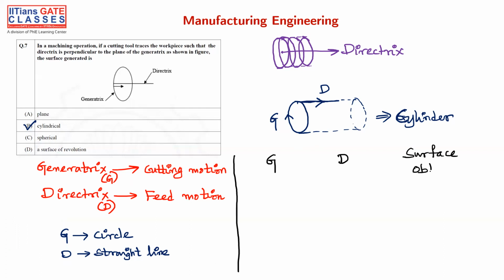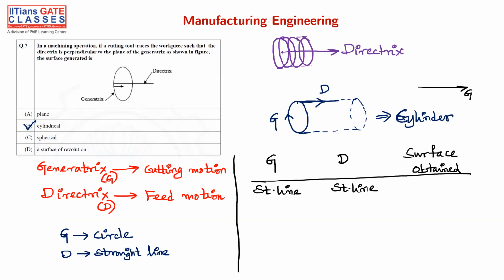If you have a generatrix as a straight line and the directrix also a straight line, let's say perpendicular to it, then you generate G's in the D direction, and this represents a plane.